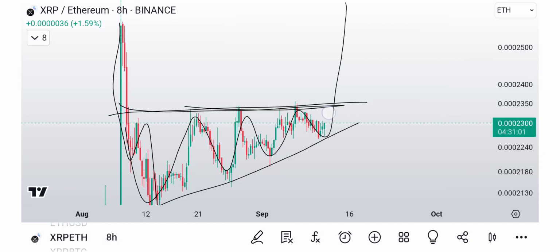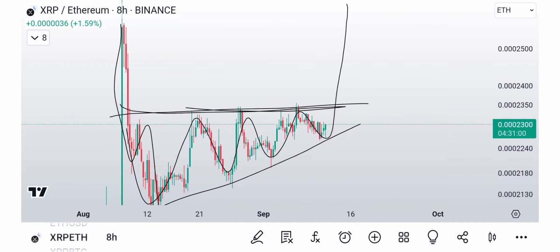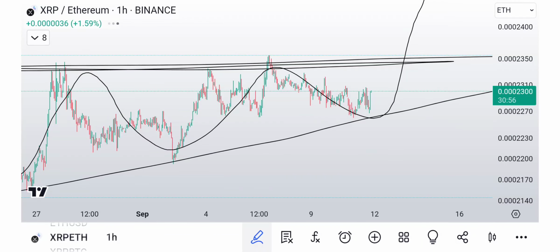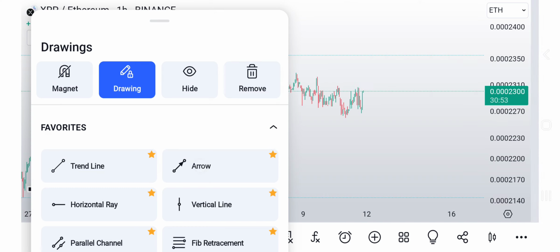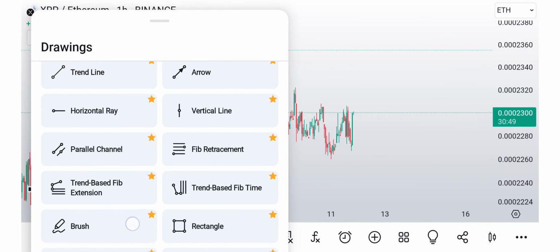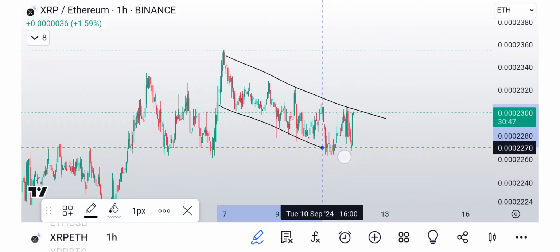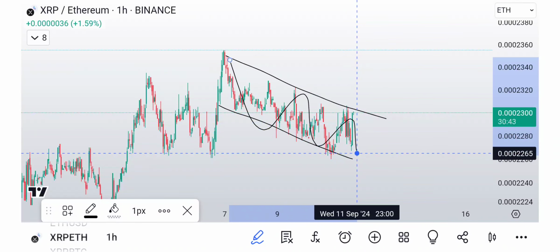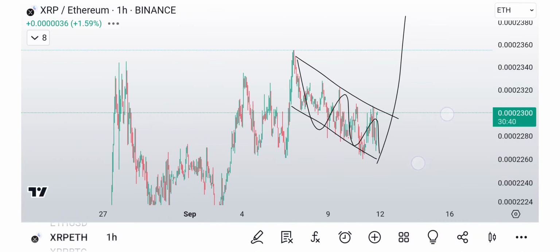Let me show you the current price action. So let me zoom in to the 1 hour. Look at this on the 1 hour chart. It looks nice. We have this downward trend here, right? And usually these downward trends will break to the upside.